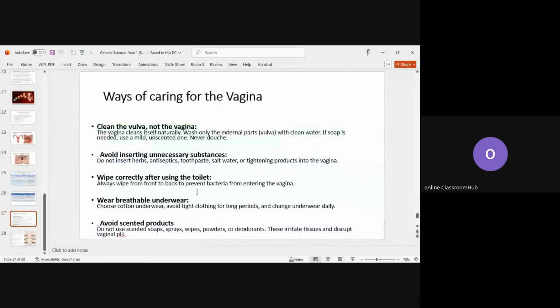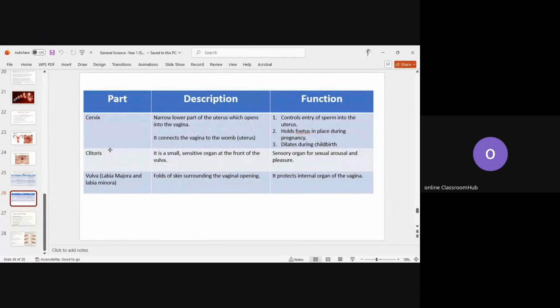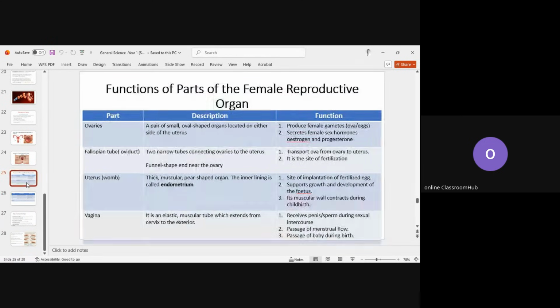Then we have the almighty vagina, the kingdom of Inyanya. With that one too, it is elastic. It can stretch and expand. It's an elastic muscular tube. As you all know, the vagina has 3 functions. The first is to receive the sperm or the penis during sexual intercourse.